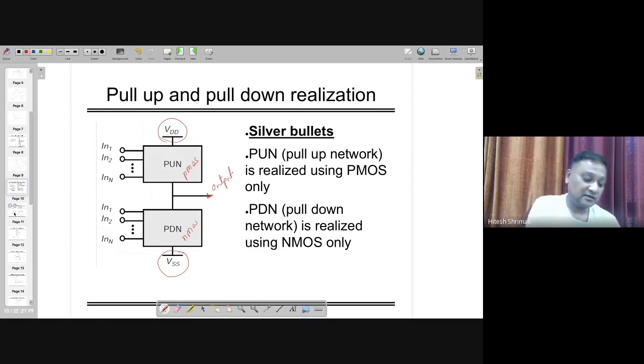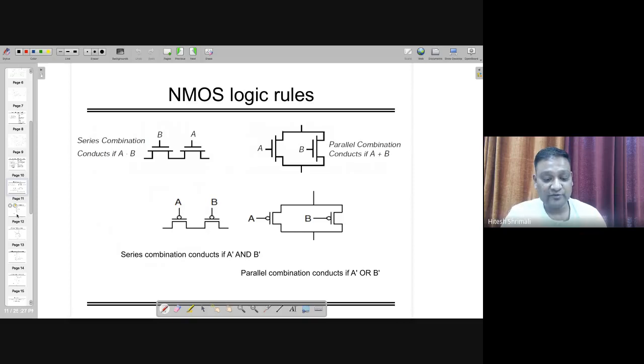Now, using this information, let's understand a few more things. Let's assume the function is such that you want to make it with NMOS, so the top side is NMOS, the power down network.